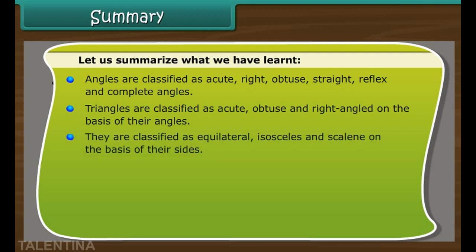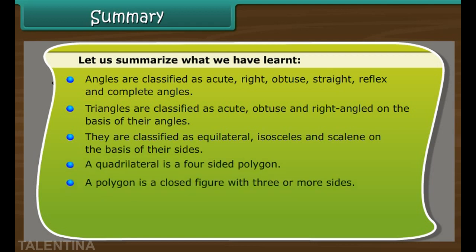They are classified as equilateral, isosceles, and scalene on the basis of their sides. A quadrilateral is a 4-sided polygon. A polygon is a closed figure with 3 or more sides. Three-dimensional shapes have depth.